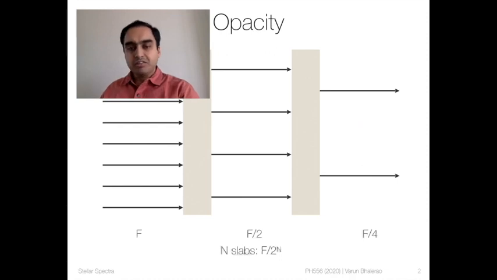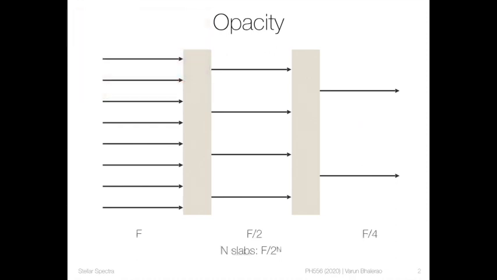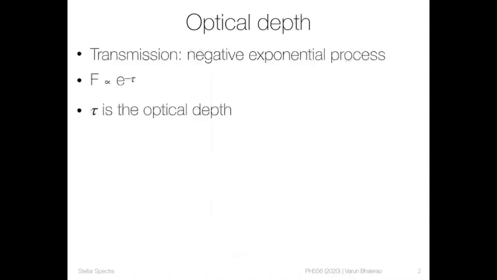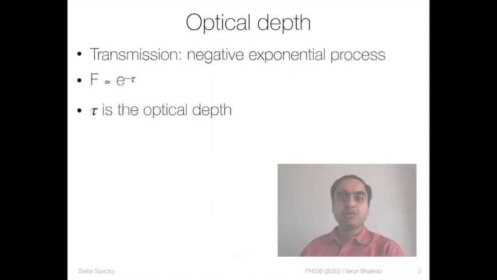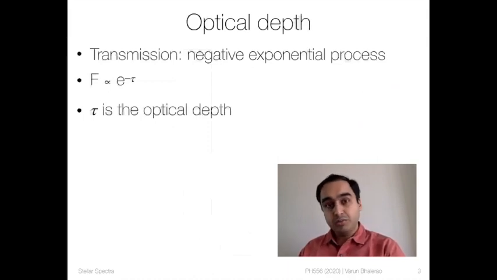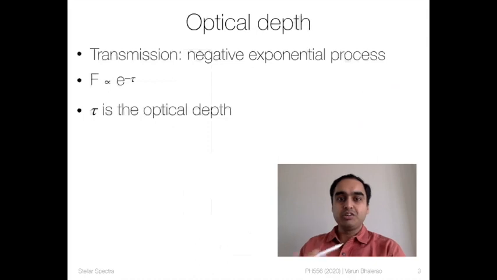The fraction that is absorbed is determined by properties of that material, and this phenomenon is used to define optical depth. Transmission is a negative exponential process. It is negative because you cannot get more light than you actually had incident on that slab. We are assuming that there is no generation of photons in this case.